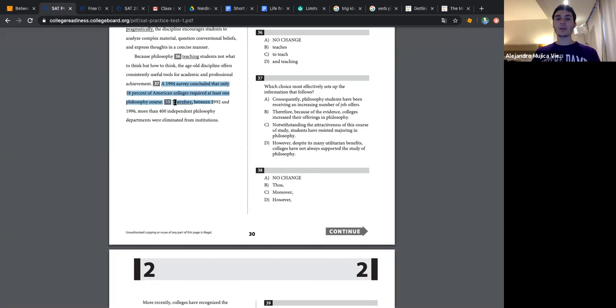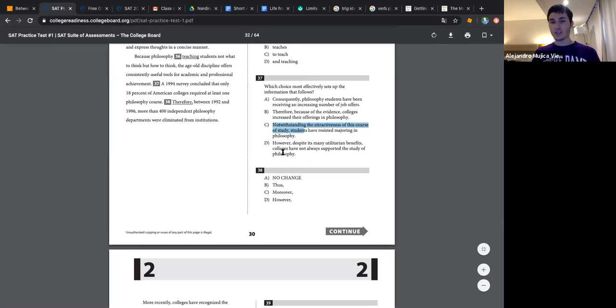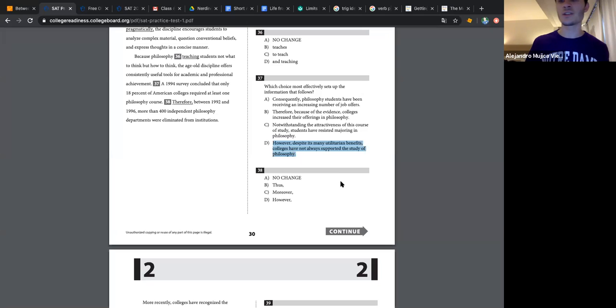Only 18% of American colleges required at least one philosophy. Resisted majoring in does not make sense within that context. We're talking about colleges, so the option that sets up why colleges do not support this study is the right one. So D is the right choice in this case. And 37 is an idea development type of question.